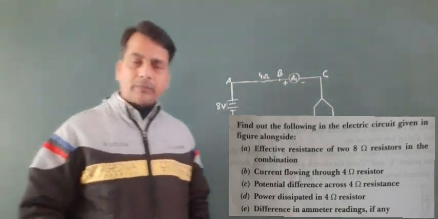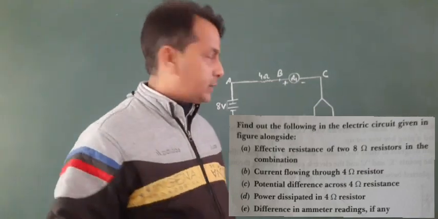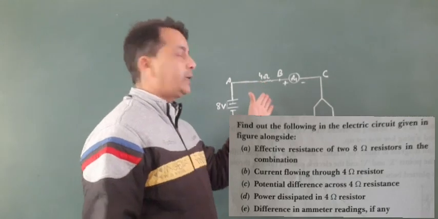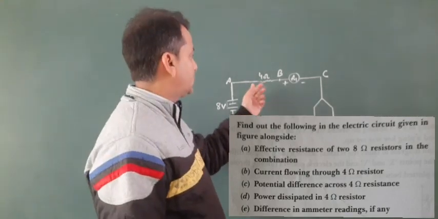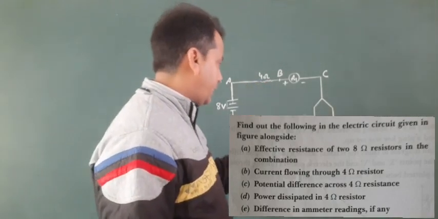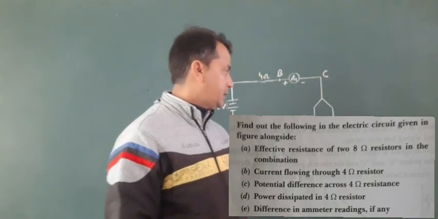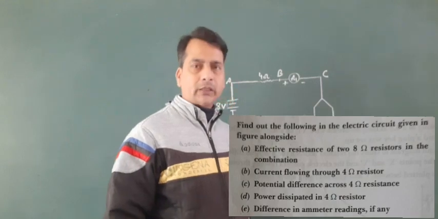So in this question the circuit diagram is given here. In this circuit diagram, two 8 ohms resistors are used, and they are parallel to each other.